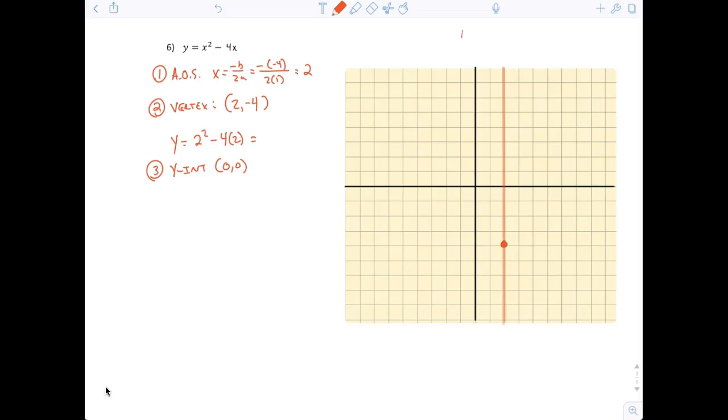Everybody okay with that? Now my y-intercept is what? 0, 0. So you're plotting 0, 0. Now how far away are you? 2. So I need to go 2 on the other side. Everybody okay with this? Any questions? And now we draw the graph.